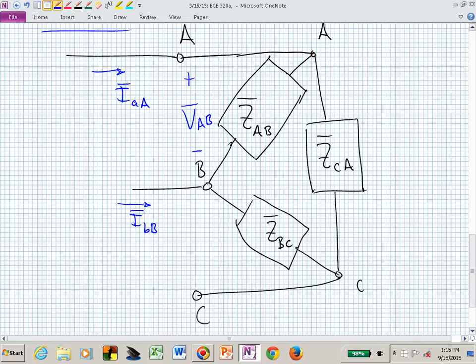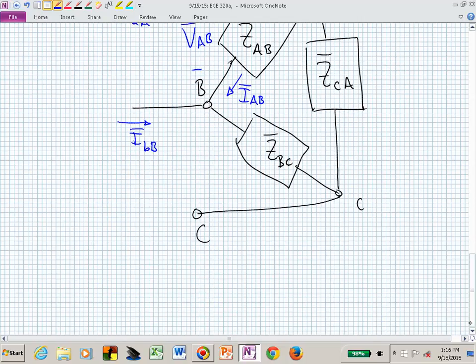What do you need? You need the current through that A phase load, don't you? You need the current flowing from capital A to capital B. If you had that, then you could compute the complex power of the A phase in the load.